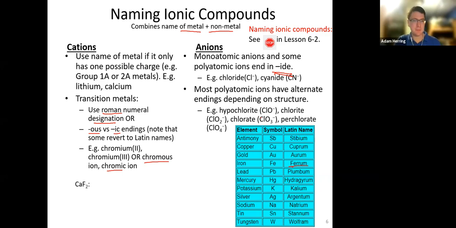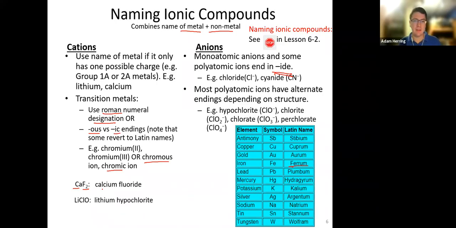So let's practice here. We have CaF2. This would be calcium fluoride: the name of the cation followed by the name of the anion. Notice that we're not indicating how many fluoride ions there are. That's implied because the charge on calcium is fixed. Okay, LiClO.